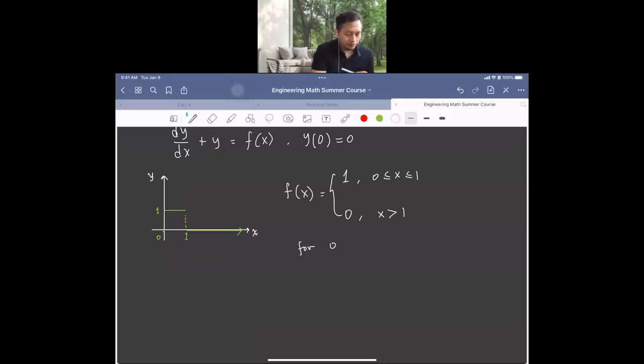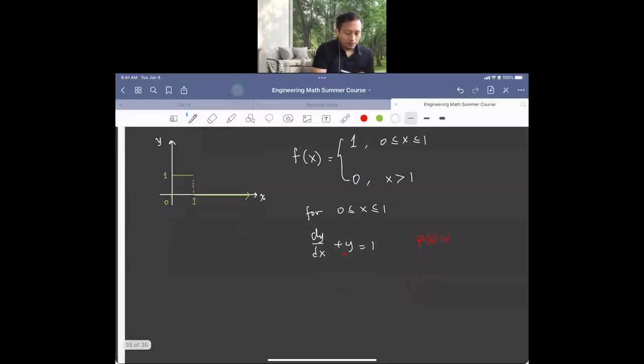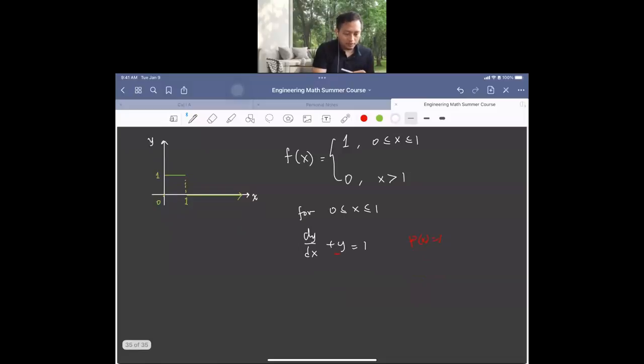Now we take the interval. For the interval from 0 to 1, we have dy/dx plus y equals 1. Since this is an easy one, p of x is just 1, so we can take e to the x as the integrating factor, right?